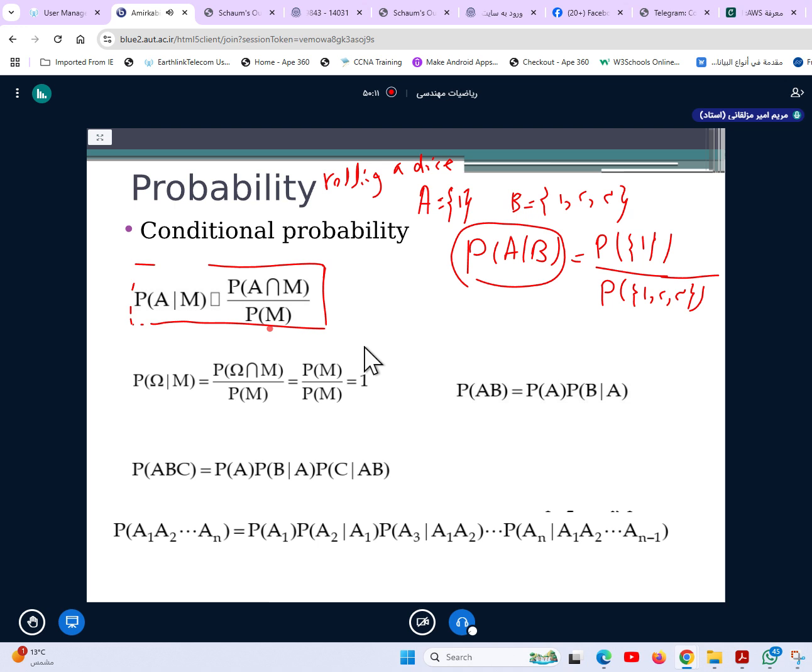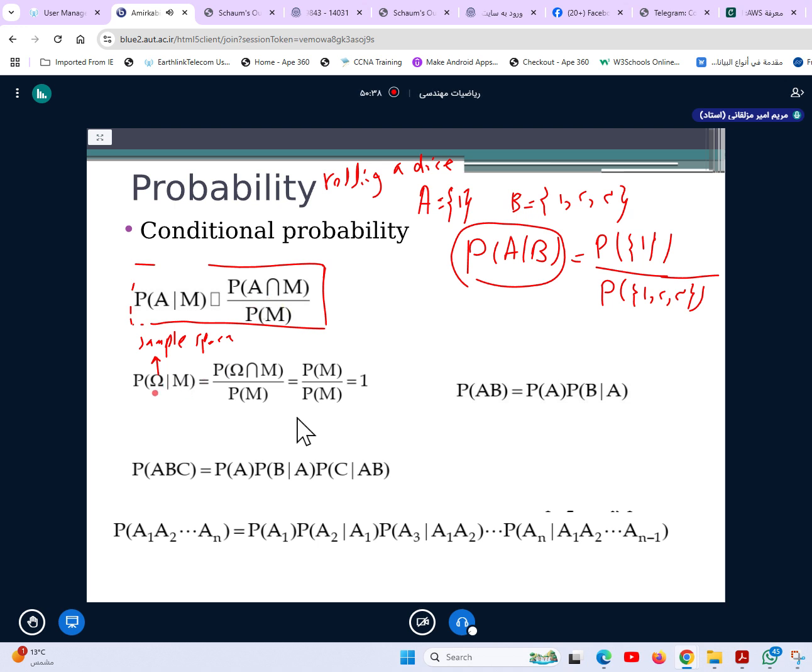Any question? Let's talk about the probability of the sample space given M. Omega is a symbol that is used for the sample space. What's the probability of the sample space given M? Okay, we use the formula for conditional probability.